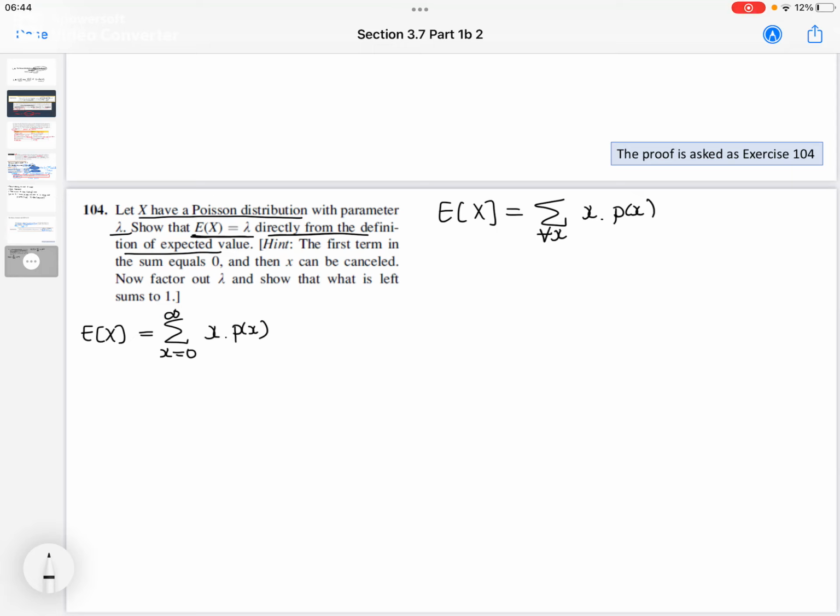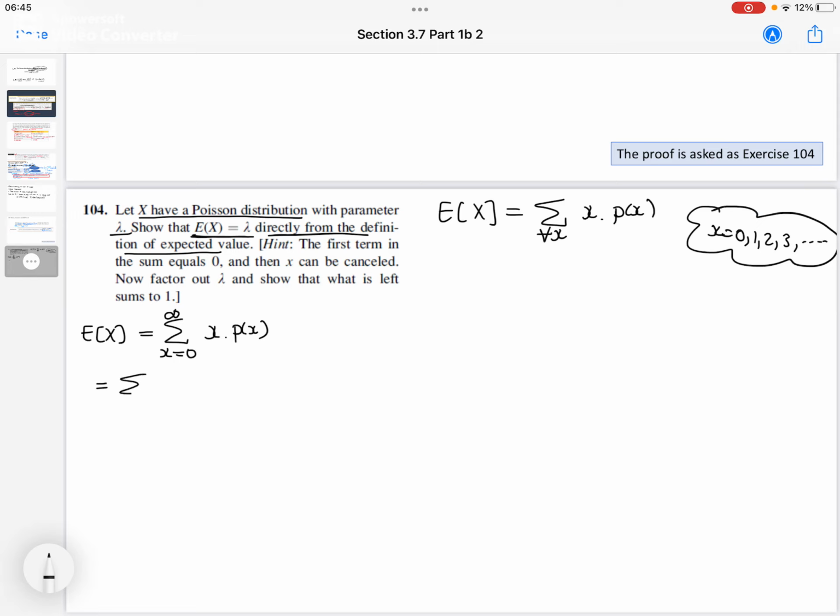That's the definition. Under the definition of the PMF of a Poisson random variable, we noted that the possible values of x are 0, 1, 2, 3, and so on, right?